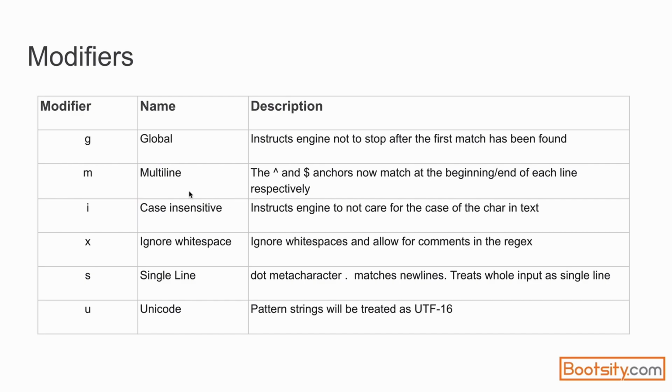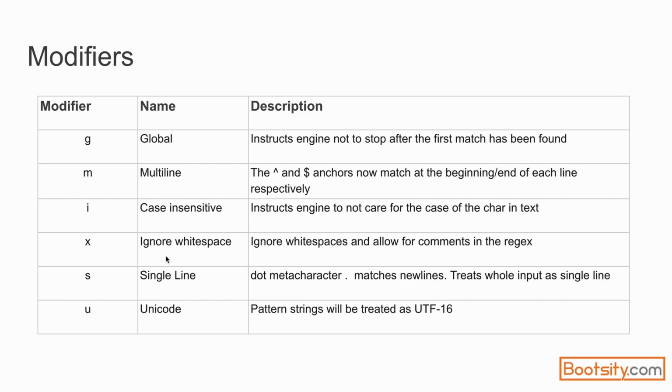Next is multiline. Multiline tells the regular expression engine whether we are in multiline mode or not. If we are in multiline mode, the caret symbol and the dollar symbol will match at the start or end of each line. I is used to specify that the current search should be case insensitive.